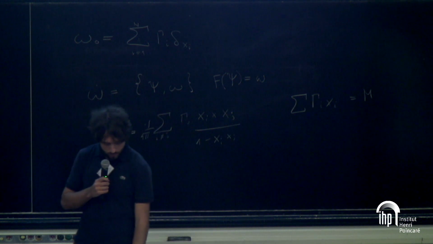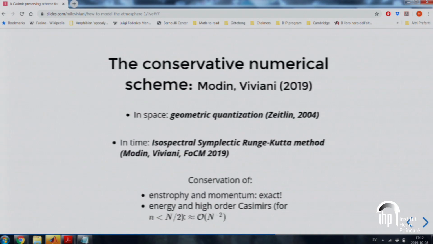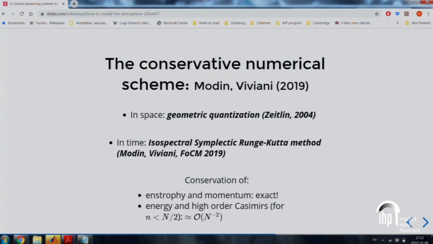So this is the physical principle we derived, and the numerical scheme we used to give evidence of this physical principle used the geometric quantization discretization in space that has been developed by Zeitlin here at ENS. The geometric quantization has also been studied by Isabelle Gallagher, who proved that the solutions to this model converge to the exact solutions; strong solutions converge to strong solutions. Then for the time discretization, we developed an algorithm, my supervisor and I, which is called the isospectral symplectic Runge-Kutta method.